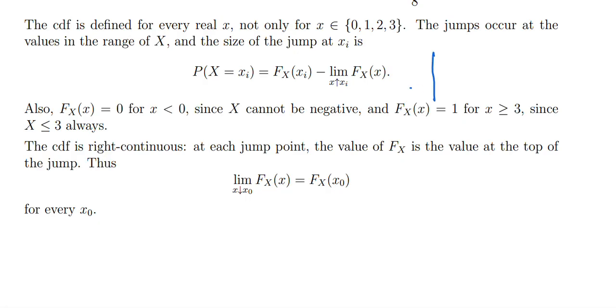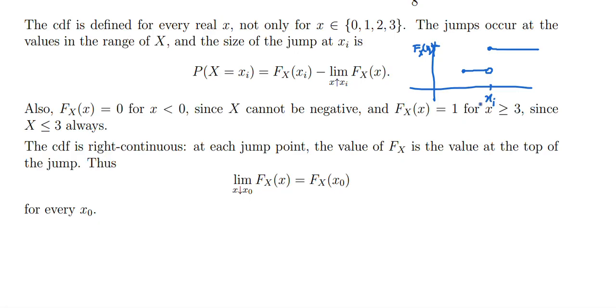So now if I give you an example here, our graph was like this. What would be the probability of X equals x_i? This jump is actually the probability of X equals x_i. So this point is over here, F_X(x_i).